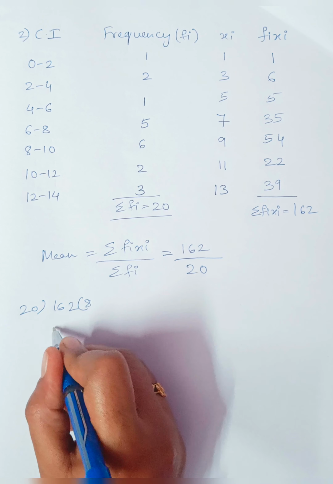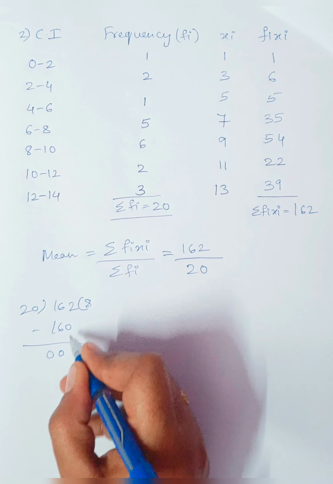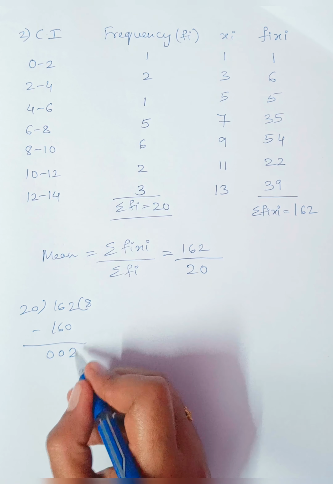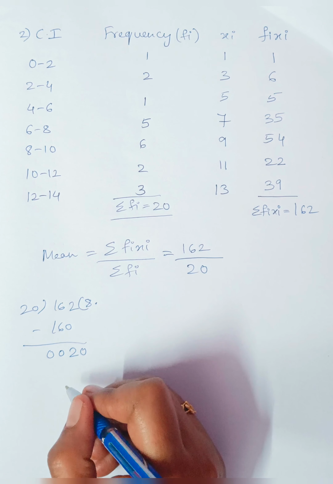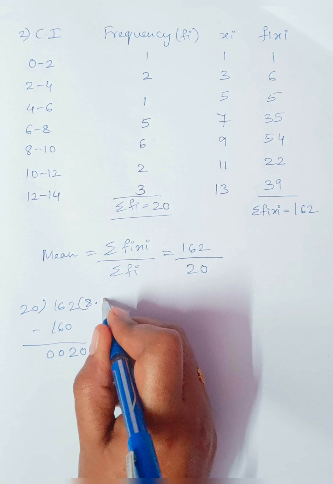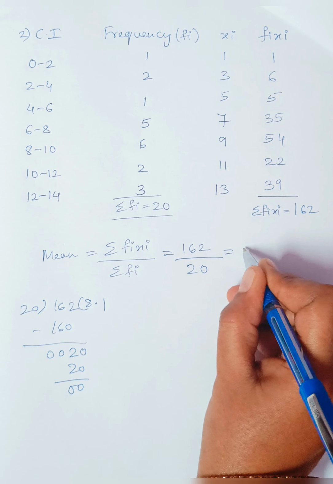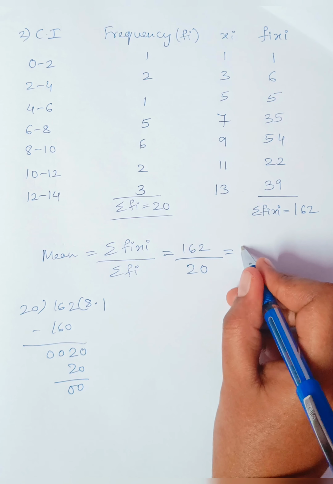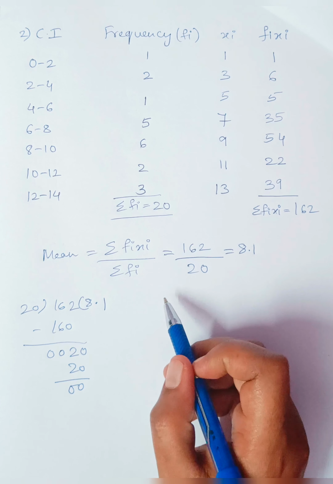So this will be 0, 0, 2 is remaining. Now further take a point and 0. So 20 ones are 20. So this is the final answer. So you will get the quotient as 8.1. So the answer for this question is 8.1.